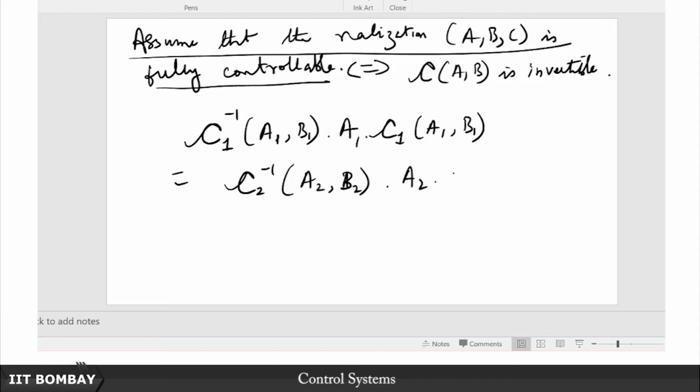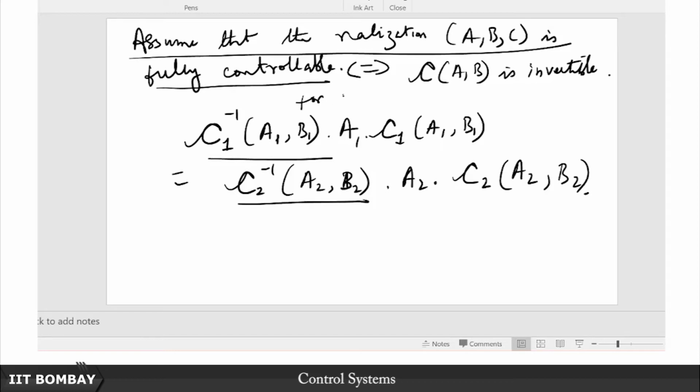We have already proved this, so I am not going to go through the trouble of all this. Please revisit that lecture where we already discussed all of these in detail. So we have already seen this, and of course we know that if both A1 B1 C1 and A2 B2 C2 are controllable, then there exists a similarity transformation, because then both of these inverses exist.